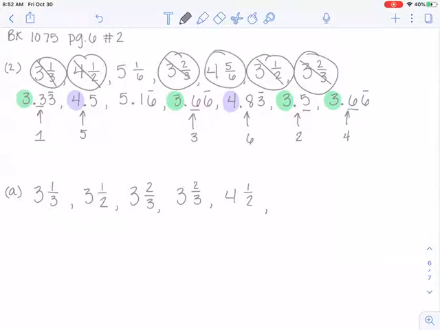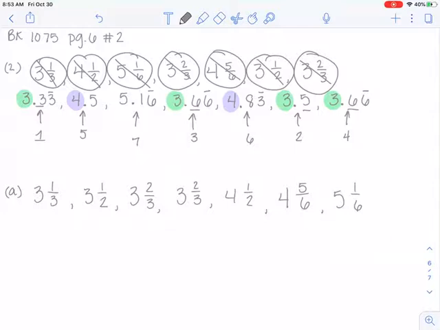And I'll write that down as 4 and 5/6. So that one's taken care of. And then last but not least, we have our seventh term, which is 5 and 1/6. All right, so we have all 7 terms listed. So that's how we write it in ascending order.